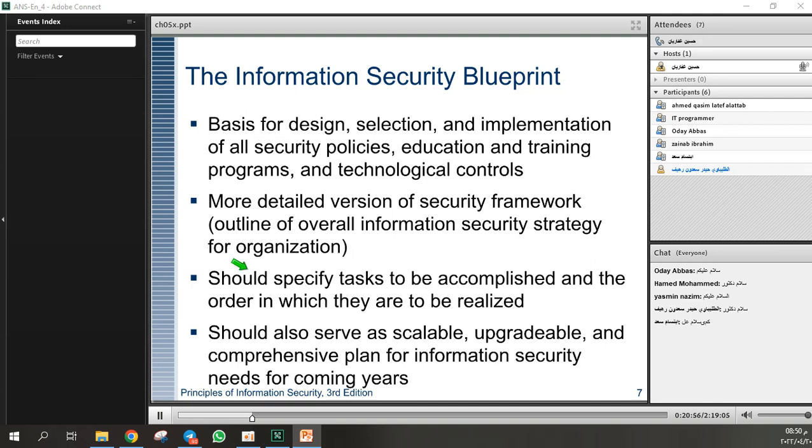This department must do these jobs. These tasks are assigned to this department. These tasks are assigned to the other departments. So according to the blueprint, we specify the tasks related to each of the departments, employees, and persons inside the organization.